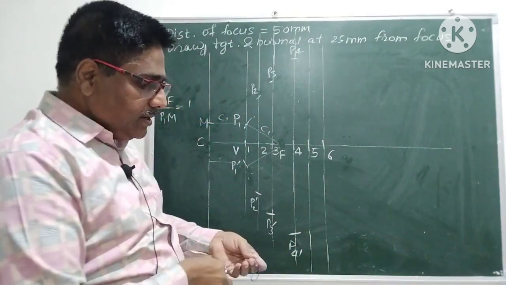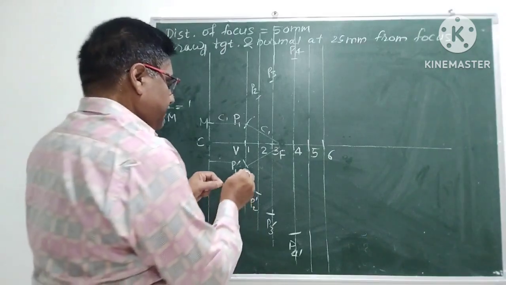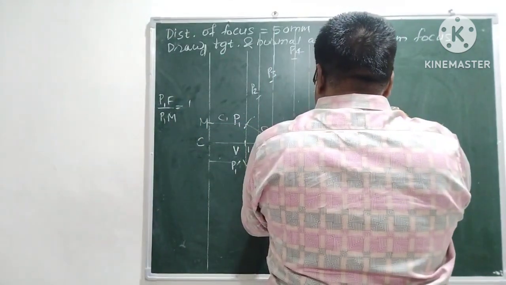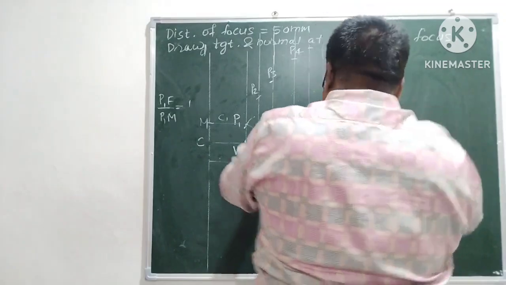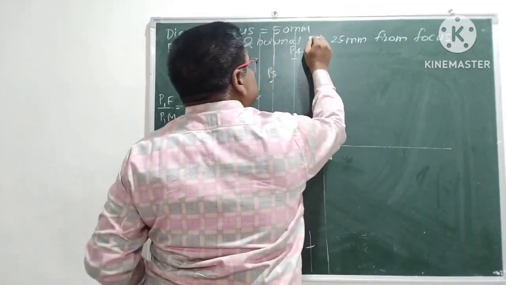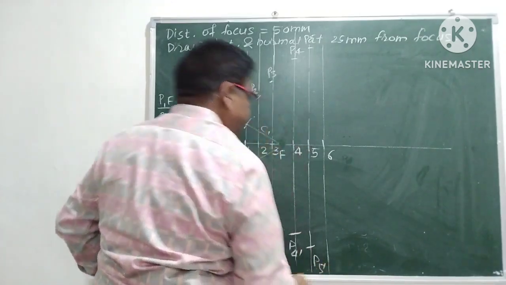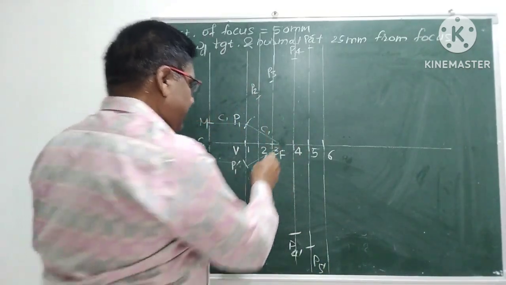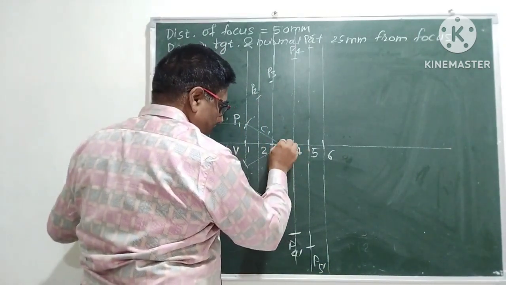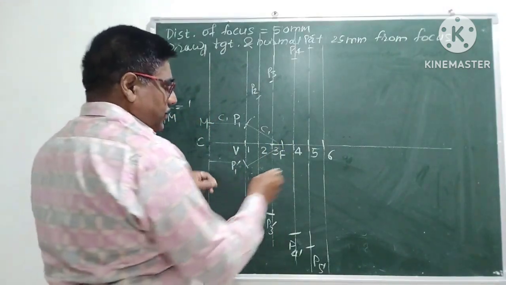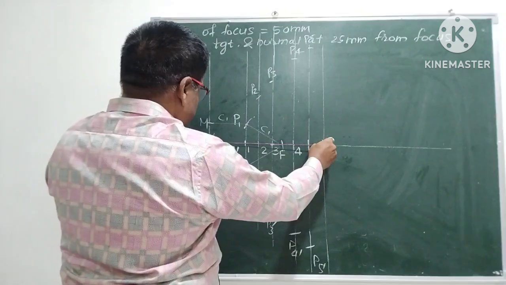Then C5 distance. Taking the center as the focus, cut the fifth line. This is point P5 and this is P5 dash. And for me, this is the last point.